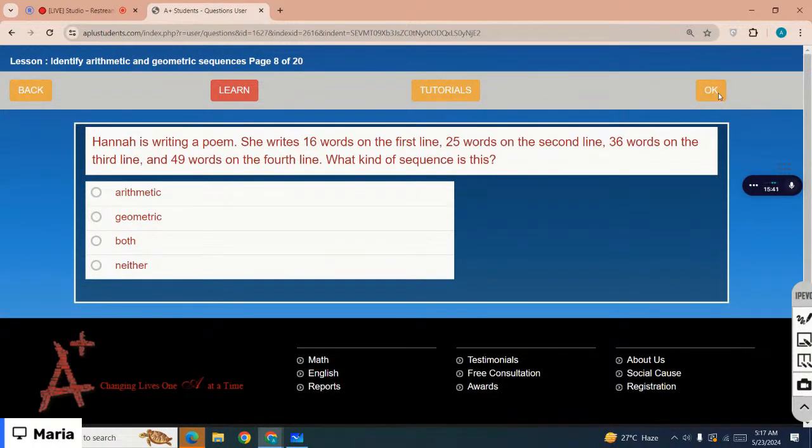Anna is writing a poem. She writes 16 words in the first line, 25 words in the second line, 36 words on the third line, and 49 words on the fourth line. What kind of sequence is this?